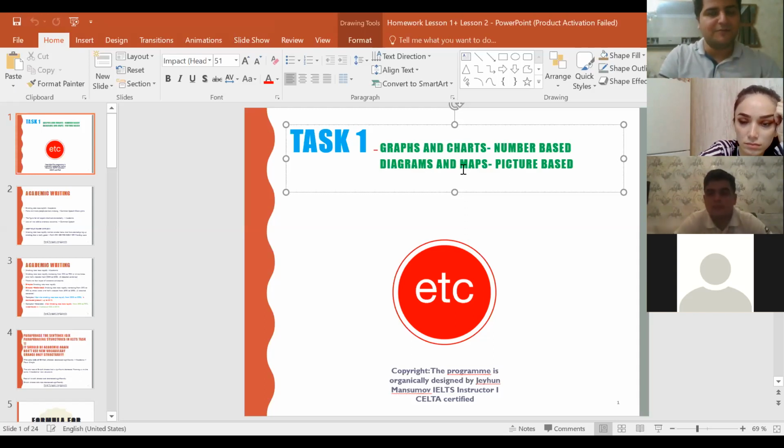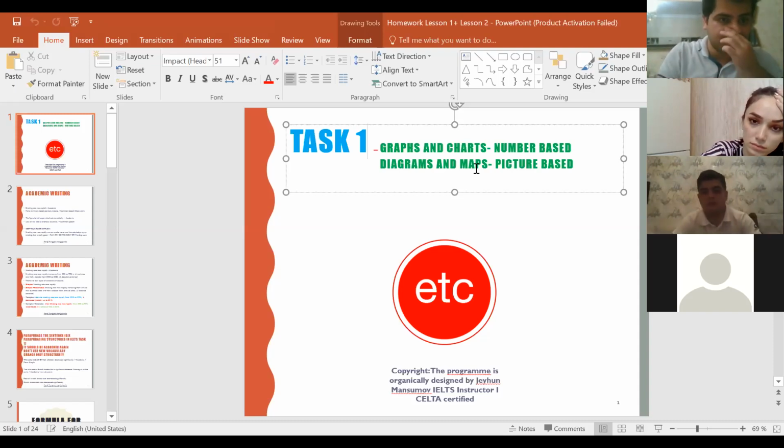But in diagrams and maps, we'll have illustrations. For instance, we have to make a comparison between two periods and describe how the location changed. So this is why it is called illustration-based or picture-based.